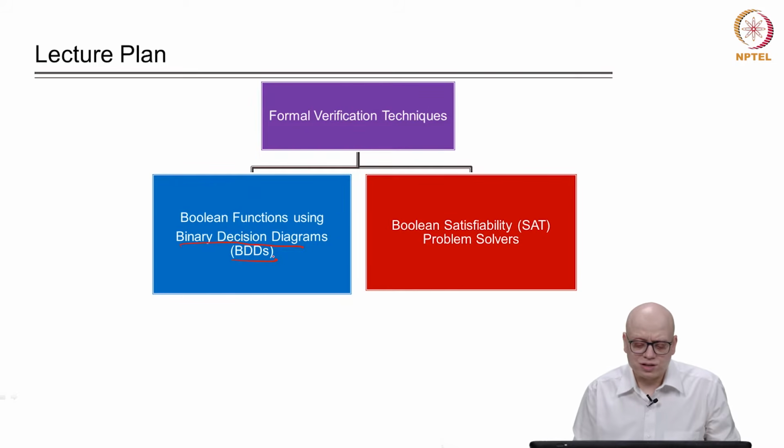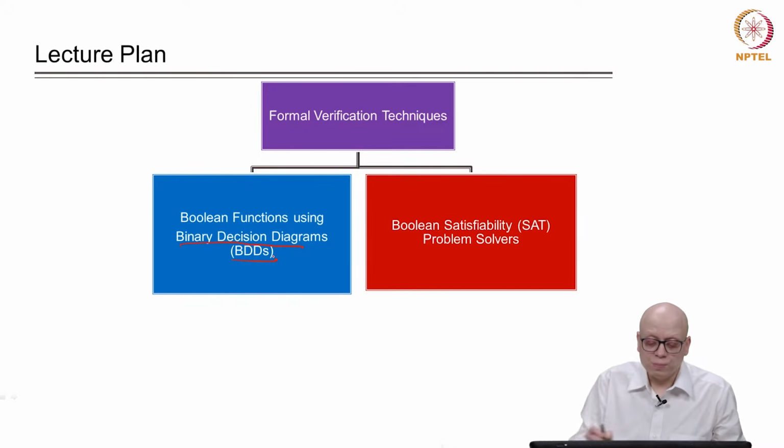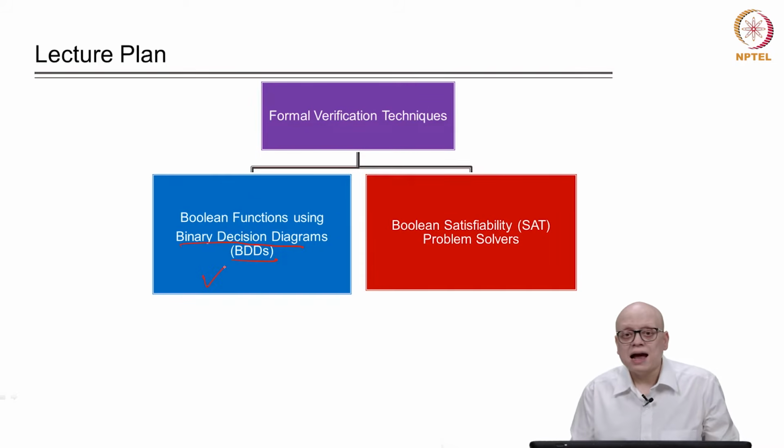In the last lecture we looked into the BDD representation, and in this lecture we will be looking at Boolean satisfiability problem solvers, or tools that solve the Boolean satisfiability problem, also known as SAT solvers.